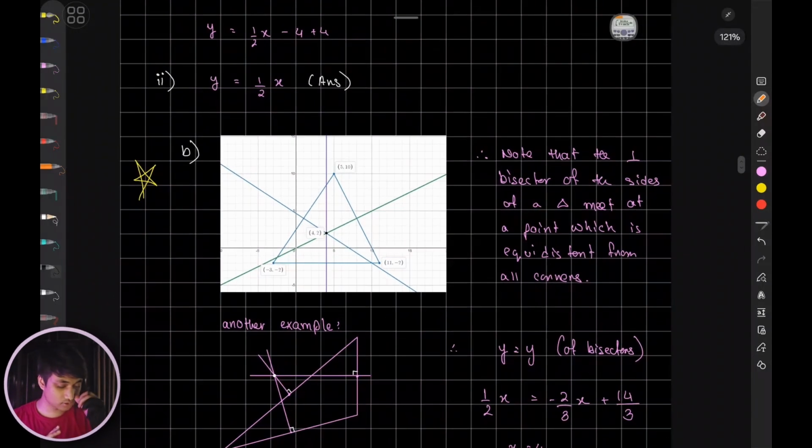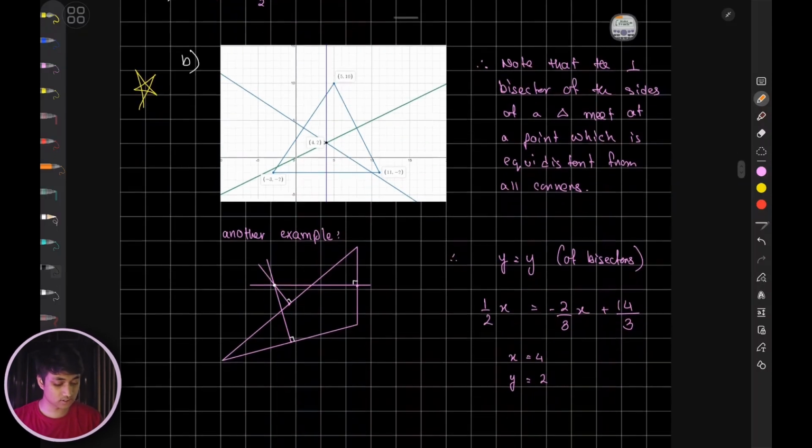And the trick or the knowledge that you need to have to solve this question, I don't think this would come in your paper, but you need a bit of information before even trying this question.